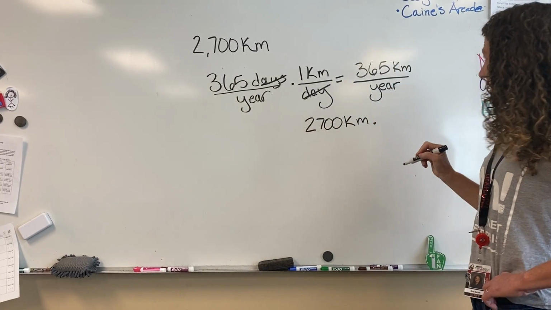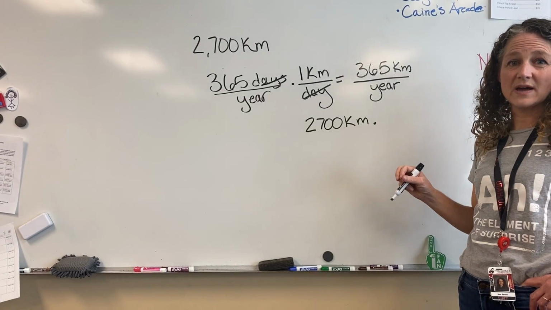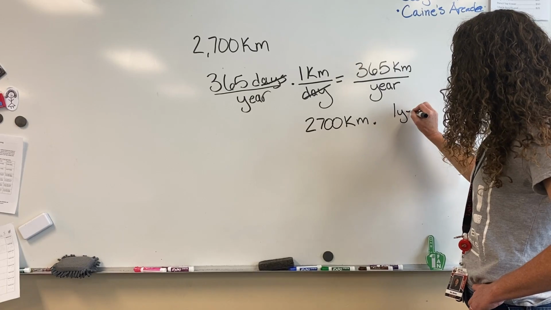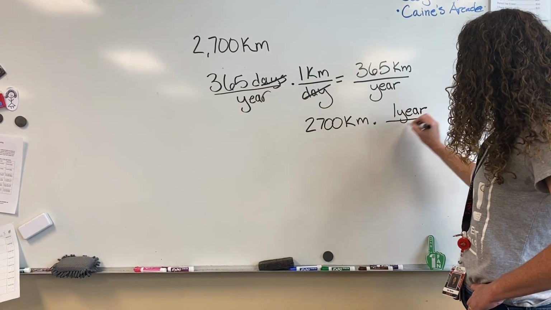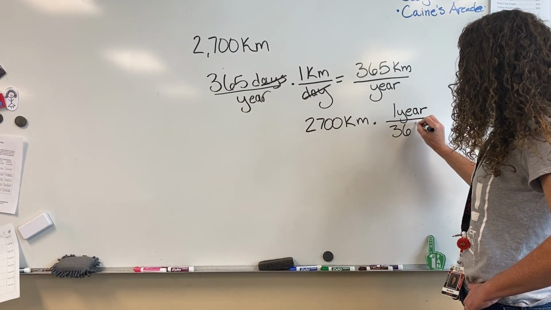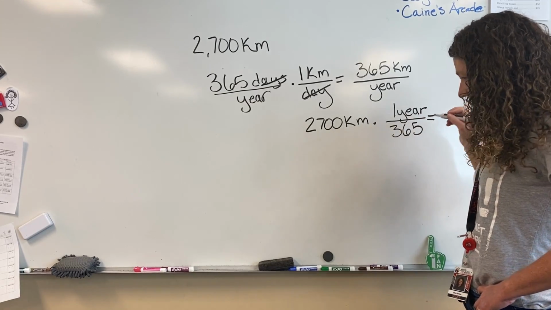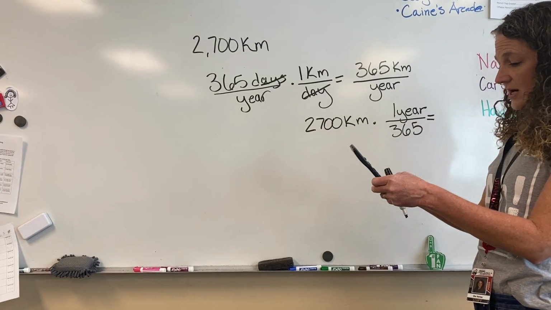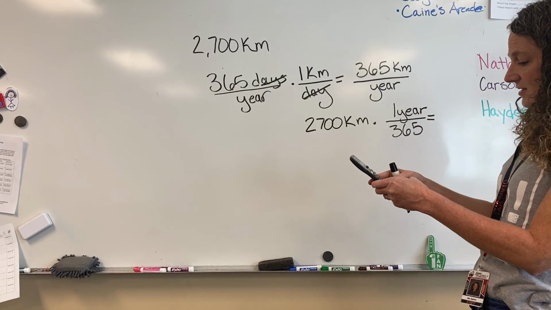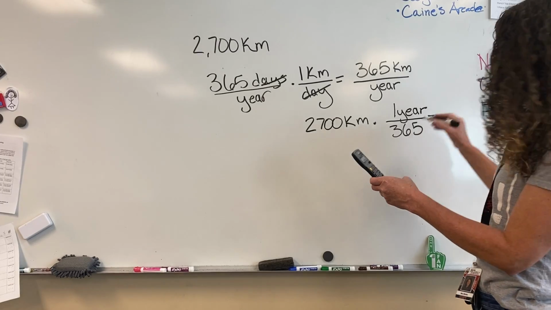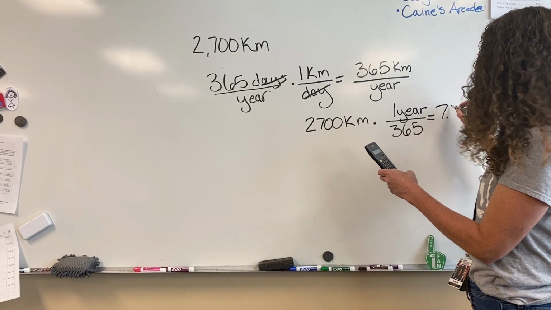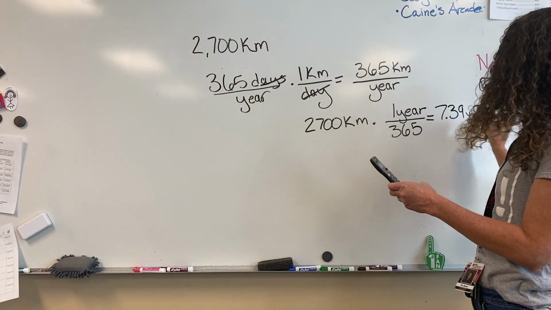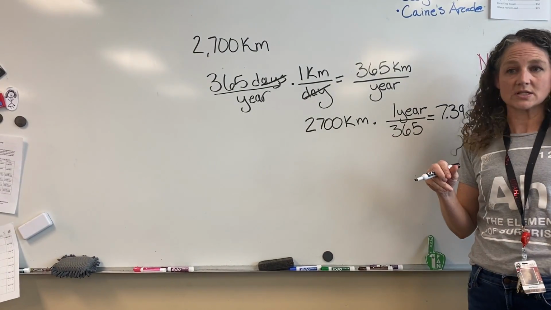Do we multiply it by the 365 or do we divide it? Divide, because we need 1 year for 365 kilometers. So how long does Gideon have to live to pull this off? 2,700 divided by 365 is 7.39 years.